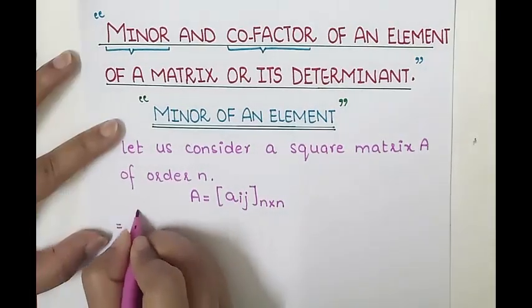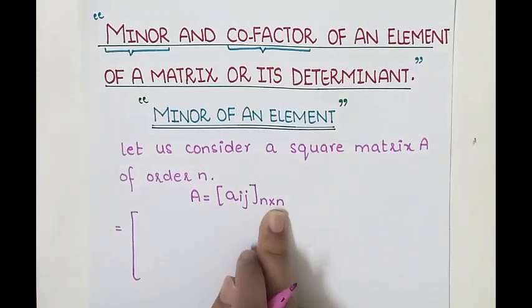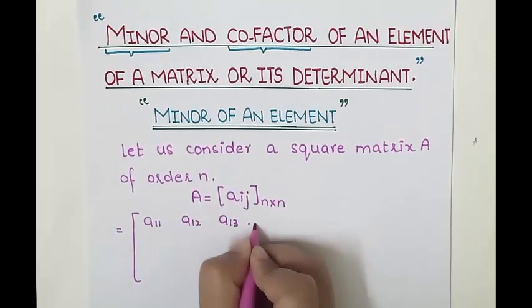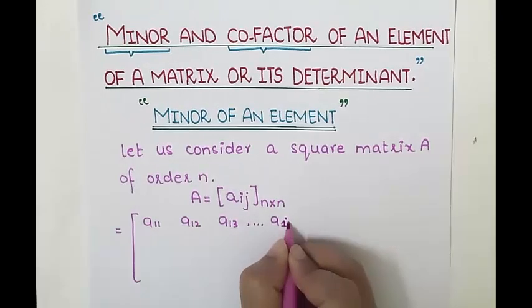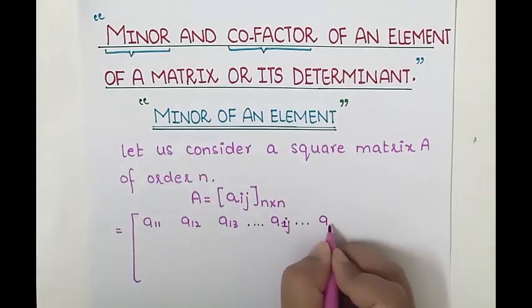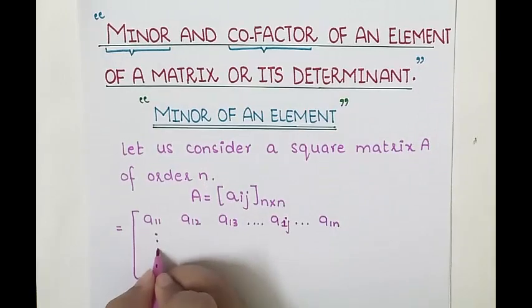So we can write the determinant whose order is n cross n as A11, A12, A13, up to A1j, up to A1n, and so on.